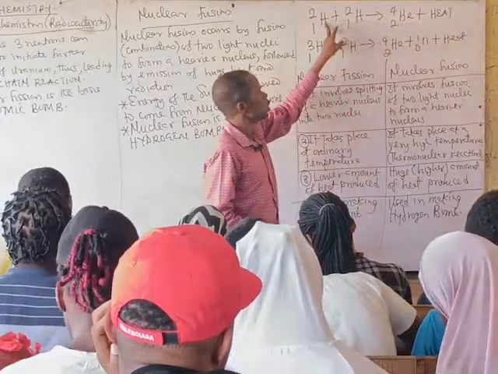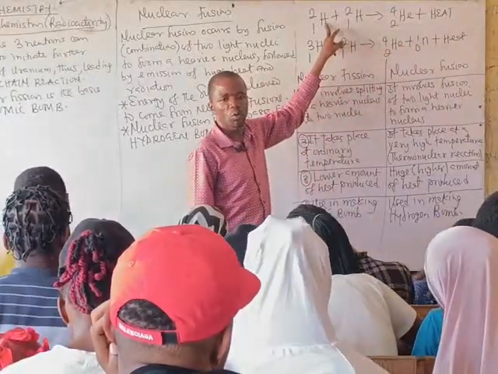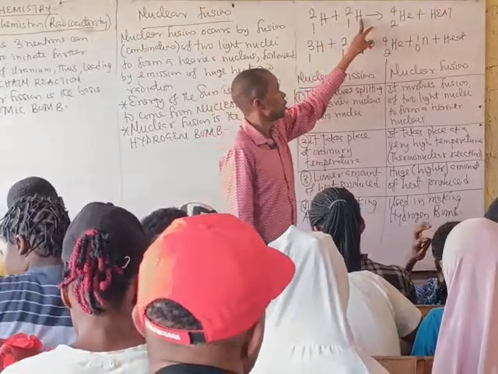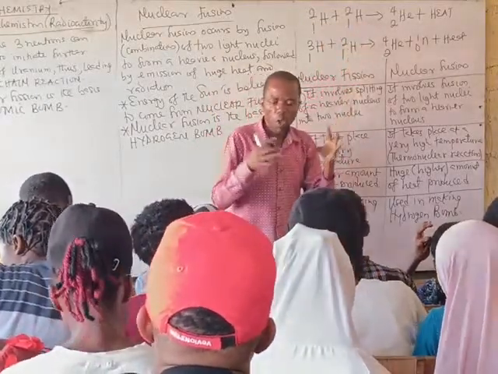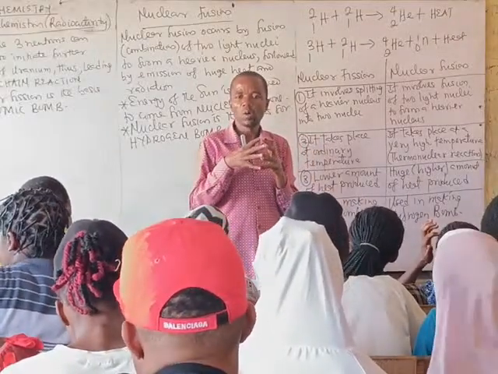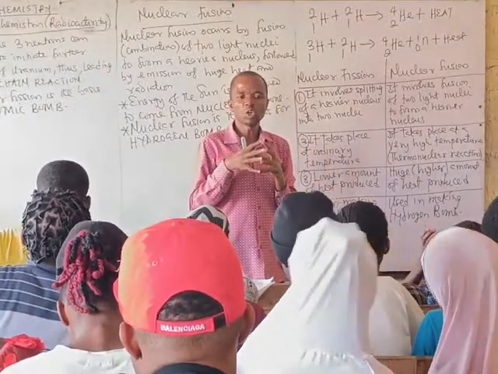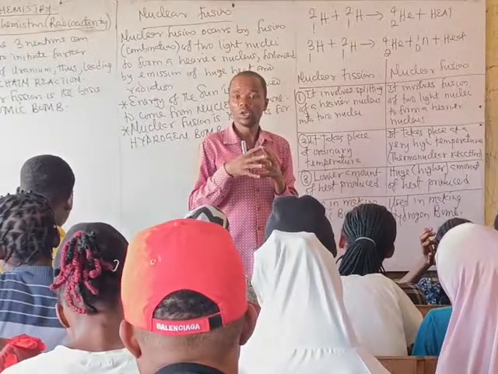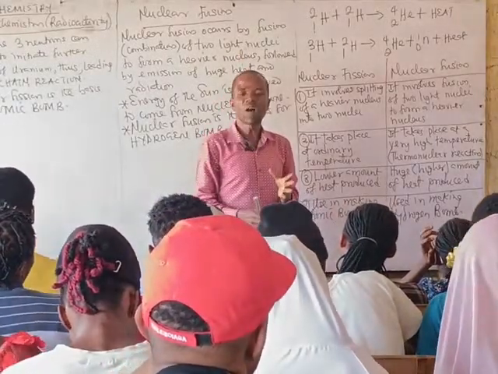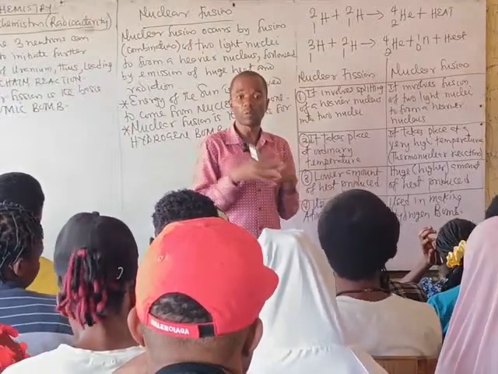Don't forget, the nucleus of this particular deuterium is positively charged, isn't it? And the nucleus of the other deuterium is also positively charged. When you bring two positively charged nuclei close to each other, what do you think will happen? There's going to be a force of repulsion. So you require a high amount of energy in the form of heat to overcome that repulsive force.